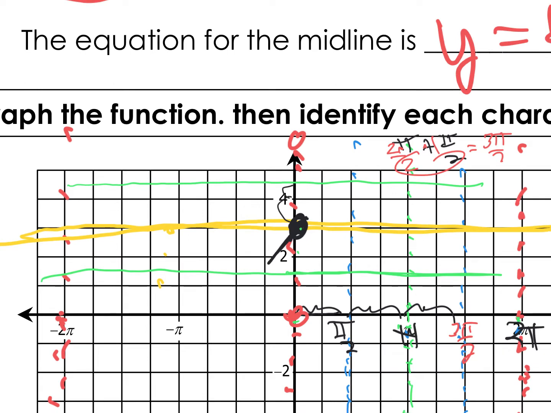So I'm starting here, go up to the 3/2 and make a dot. It's going to come down to the midline, put a dot. The next divider I have is here, so down.